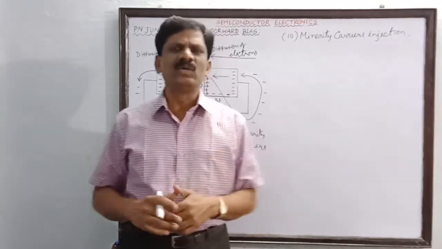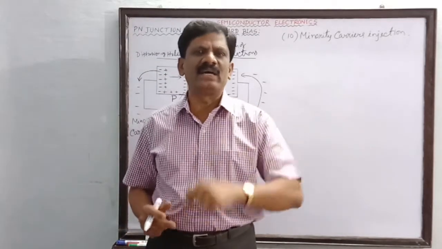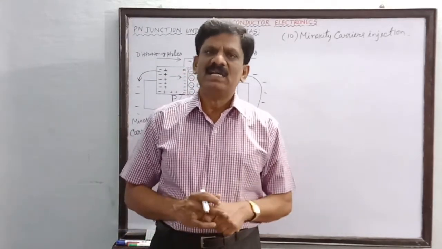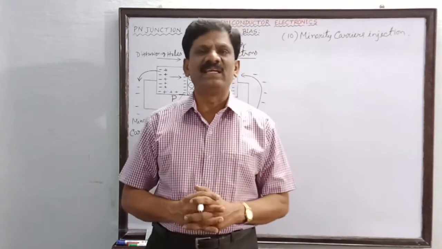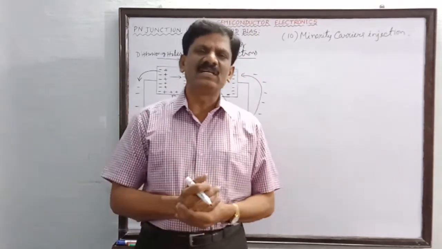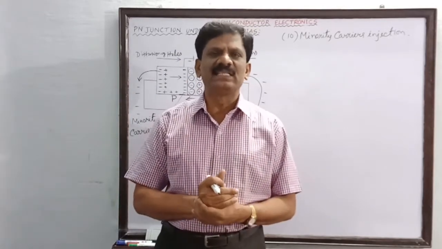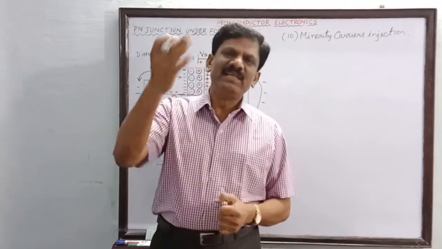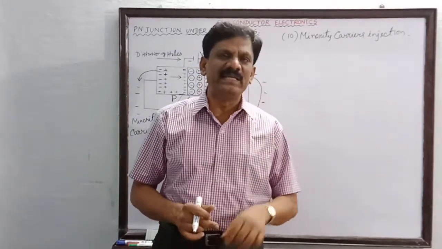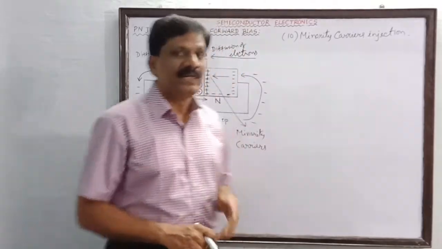Now earlier I told you, first some diffusion of holes and electrons takes place in opposite directions. During that, recombination will take place. During recombination, holes and electrons cease to exist. They neutralize each other, is it not? So initially the recombination led to the decrease in the width of the barrier potential, is it not? Now what will happen?